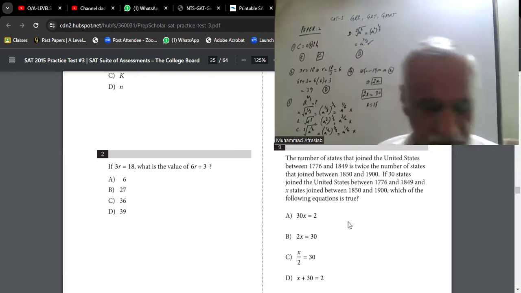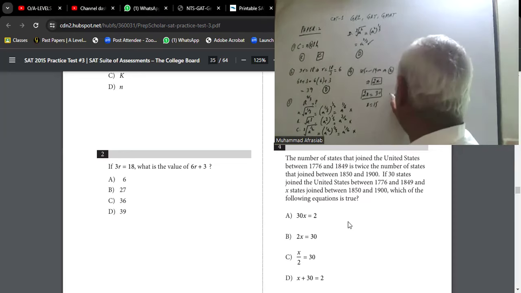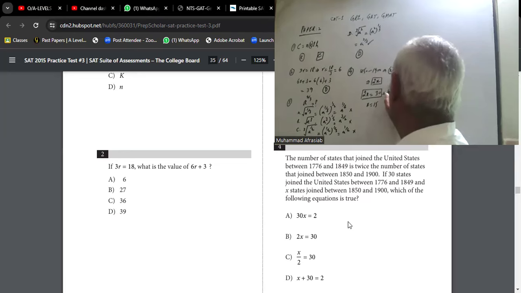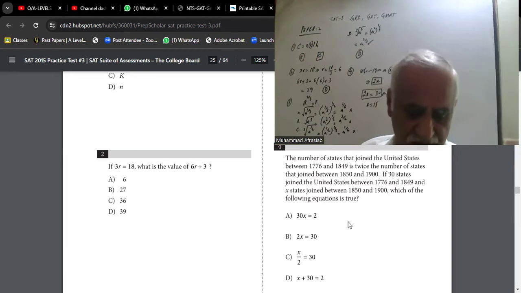So they are asking for the expression which is true. That is B, which is 2X is equal to 30. So B is the right choice, as 2X is equal to 30, because that number is twice the number of states in the first period, that is 30.